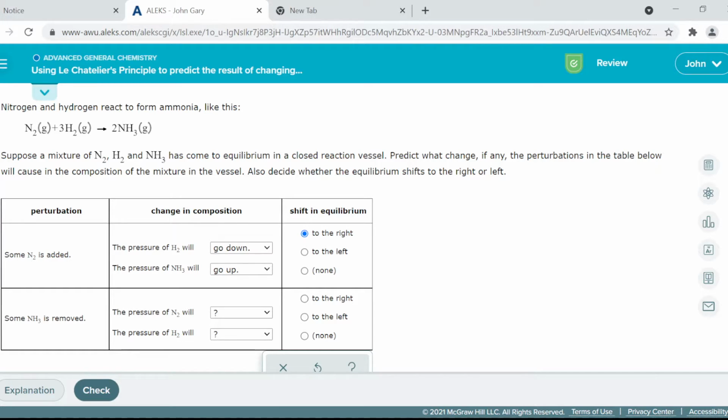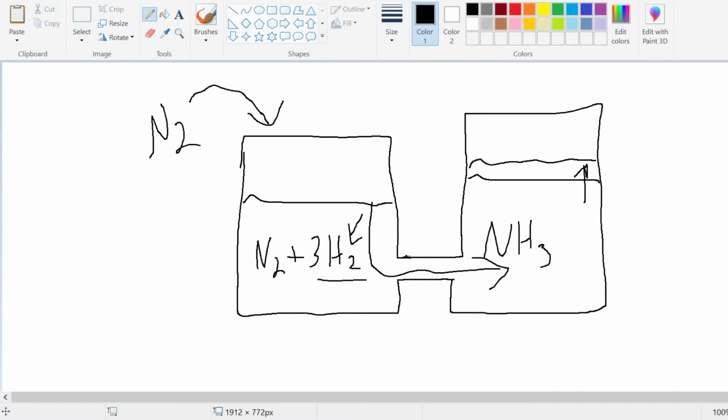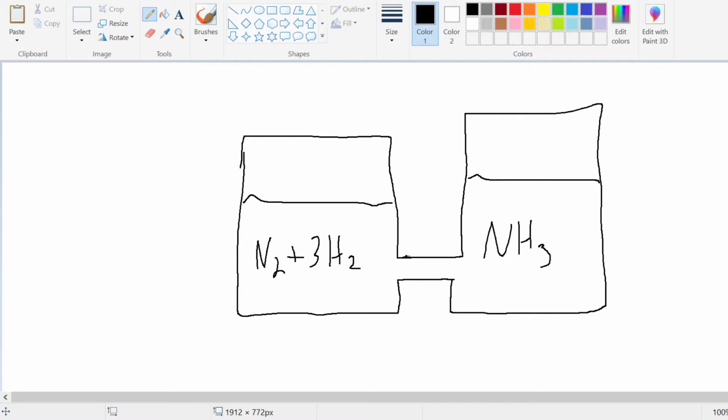All right, so now they got us with some more. NH3 is removed. So this one's a little harder to draw. Let me see if I can back it up.